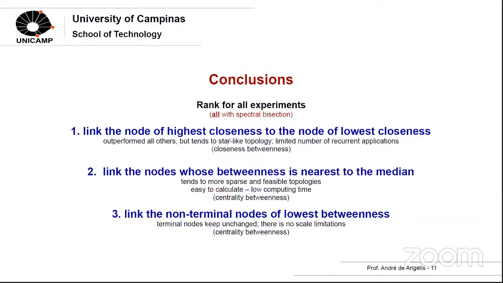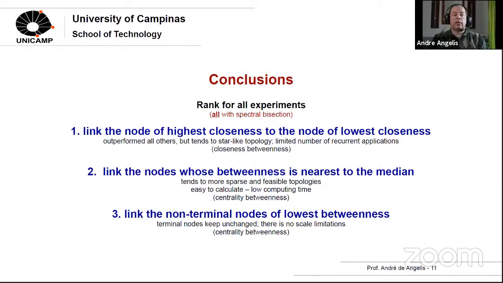Would that be the case? And if that's the case, what do you think would be the most efficient strategy that would find the best trade-off between the cost of adding a new edge and the gain in the efficiency of the network?